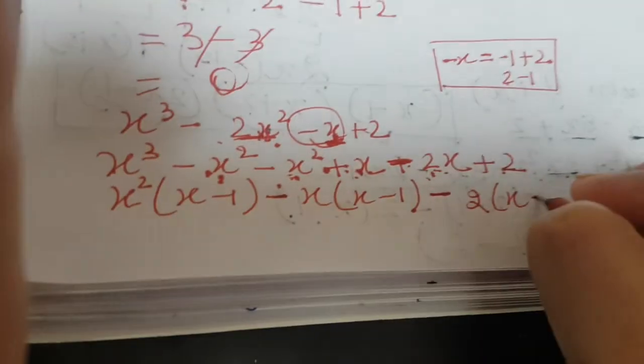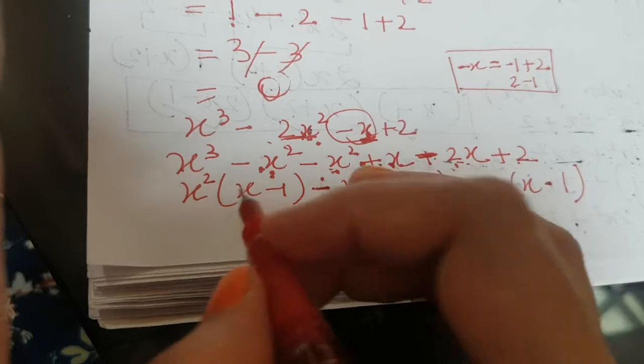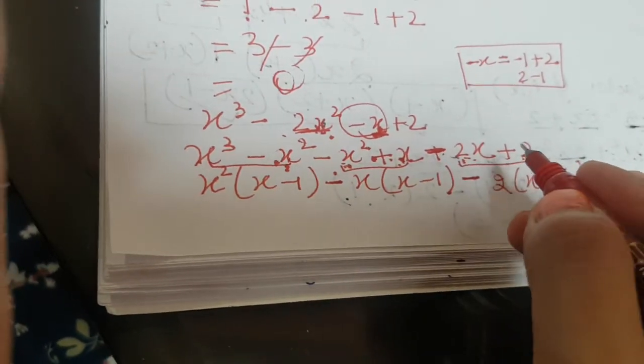First and last term will be same and we will split these two. So now start taking common x square. So x minus 1 is left here, then minus x, so x minus 1, then minus 2, so x minus 1. X minus 1 is coming. In this also we have to make two pairs. 3 pairs will be there.